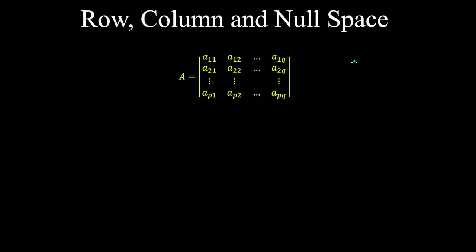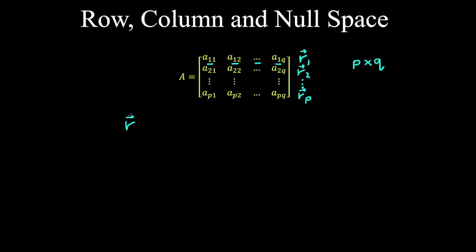Given a matrix that has p rows and q columns, recall that we can represent it as a single column of row vectors. So row 1, row 2, up to row p, where the row vectors consist of the components in the respective row.